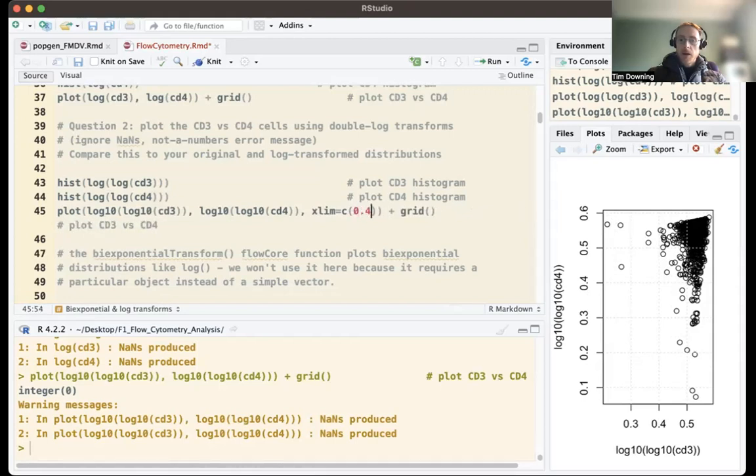The log scale we have here. We do that for the y-axis and the x-axis.